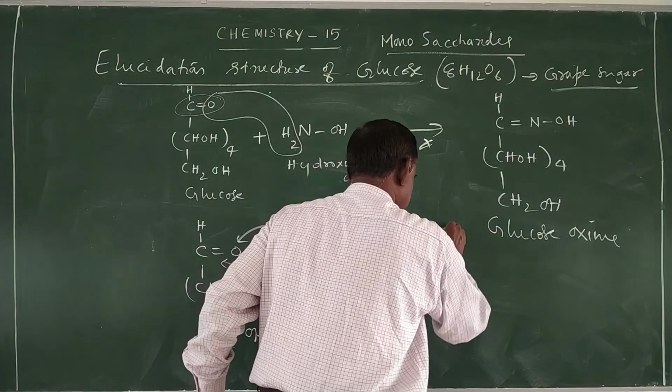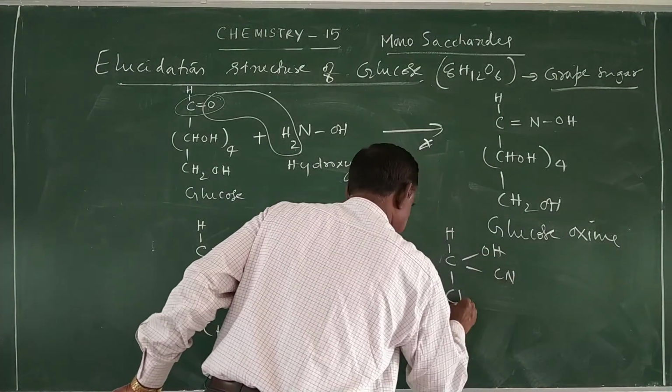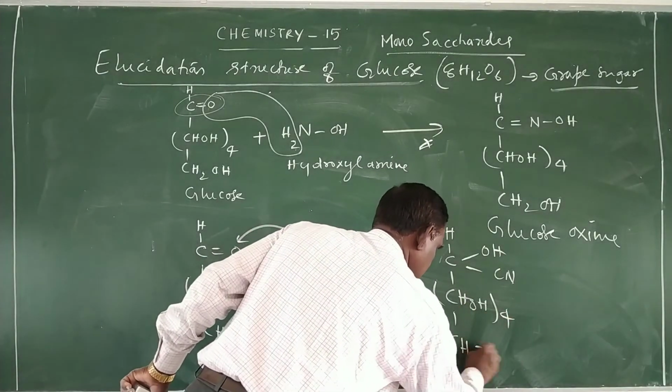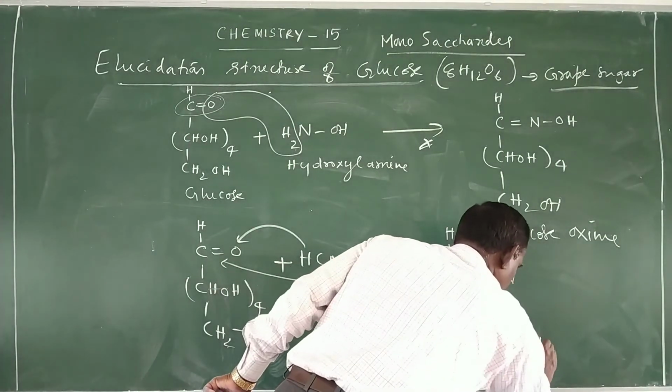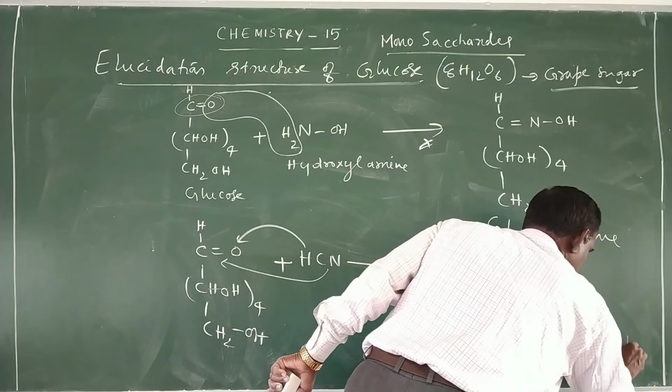You will be getting the addition product, with OH, CN, CHOH four times, and CH2OH. This compound is called glucose cyanohydrin.